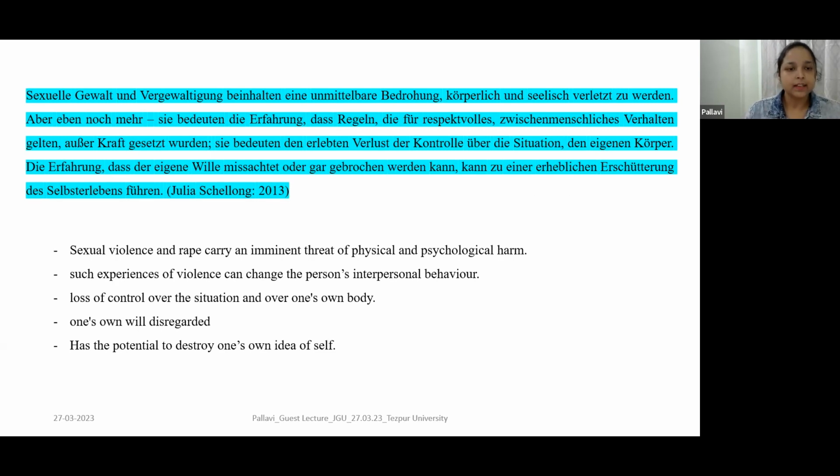She says sexual violence and rape carry an imminent threat of physical and psychological harm, and such an experience of violence can change the person's interpersonal behavior. It can also give the person the feeling of loss of control over the situation as well as over one's own body. One can also feel one's own will as disregarded, and it has the potential to destroy one's own idea of self.